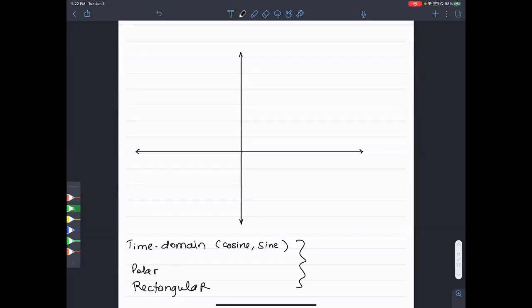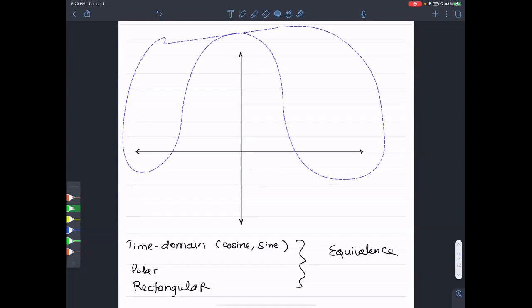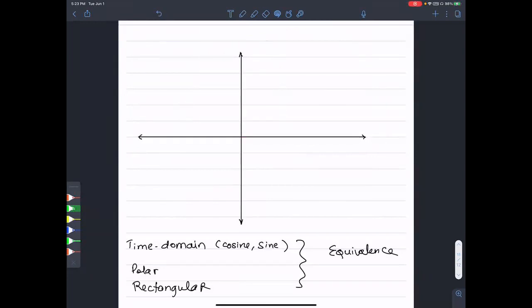Okay, so here we are looking at a Cartesian plane. The effort is to show the equivalence between these three forms. Okay, once you see that these three forms are pretty straightforward, they're representing the same fundamental quantity, then you should have no problem at all in shifting between these three forms back and forth.